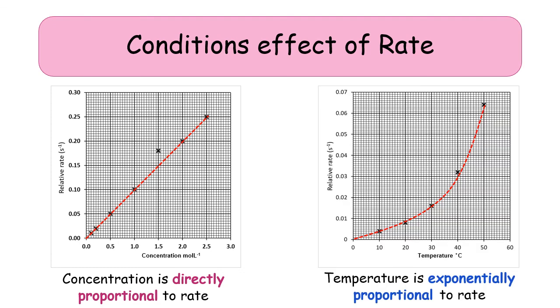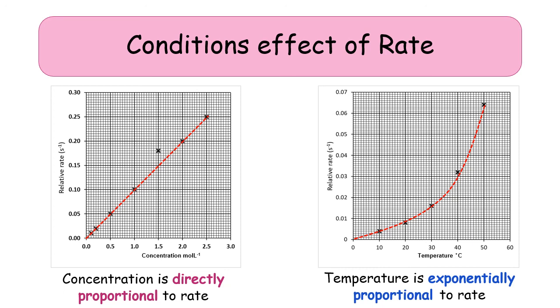Temperature is different. With temperature, you actually see a curved graph. And this is because temperature has a much greater effect. We call this type of curve that you see for temperature relative to rate exponentially proportional.